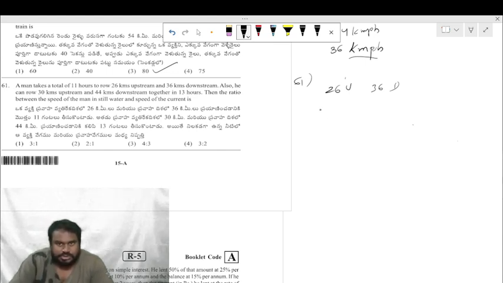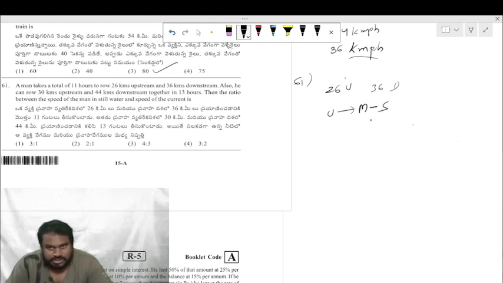Upstream means what? Upstream is nothing but man velocity minus stream velocity. Downstream means man velocity plus stream velocity. So the stream velocity will be added to the person when it is downstream. If it is upstream, it will be subtracted. That is the only difference.